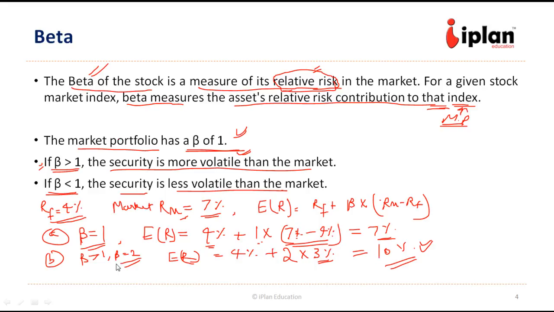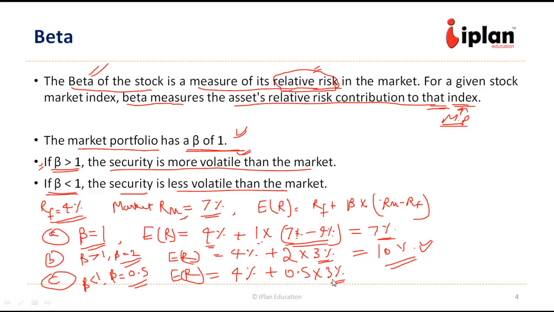Let us look at the third case where the security is less volatile or less risky. Say value of beta is 0.5. This is half as risky as the market in terms of beta. So expected return is going to be 4% plus 0.5, the value of beta, into market risk premium 7 minus 4, which is again same 3%.